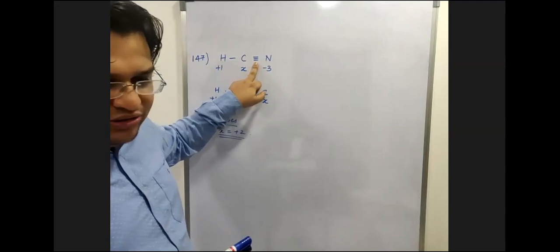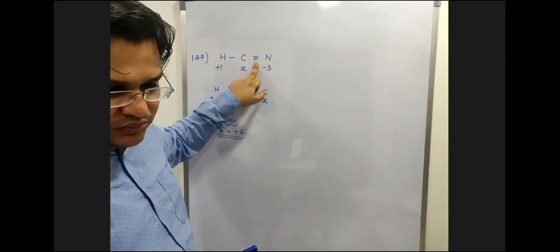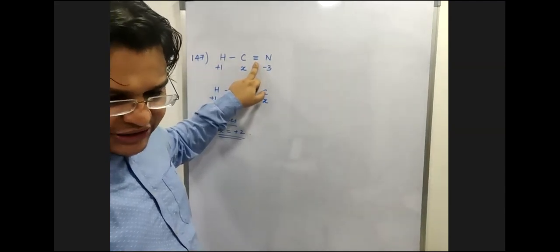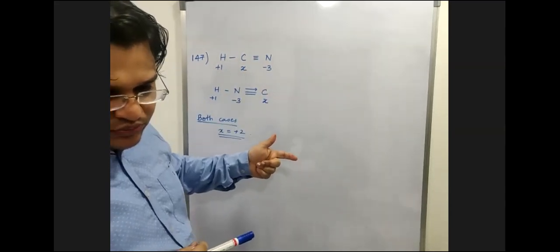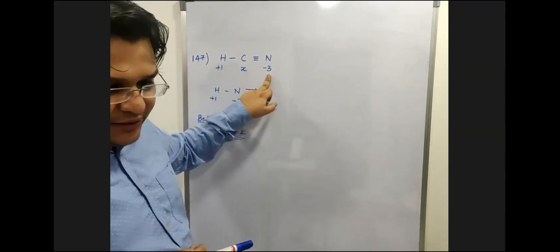Can I say it is forming 3 bonds? It is forming 3 bonds and nitrogen is more electronegative. Hence I have taken this as -3.